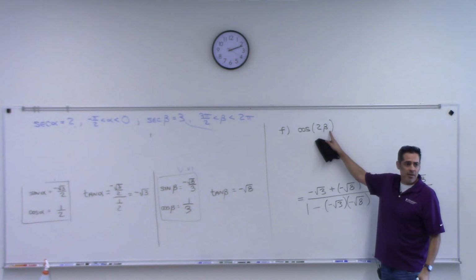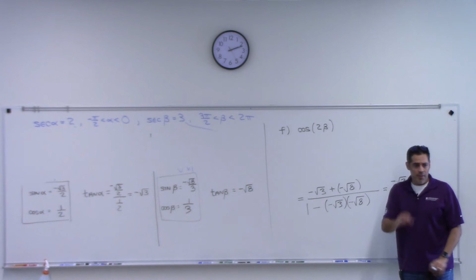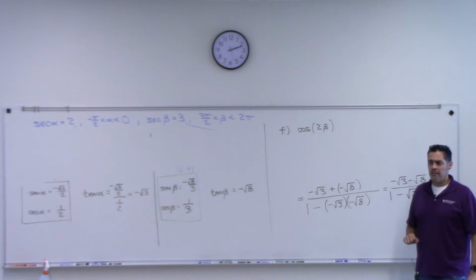Pay attention to the angle here. I want to know cosine of 2 beta. When I ask for that, you have 3 different formulas you can use.